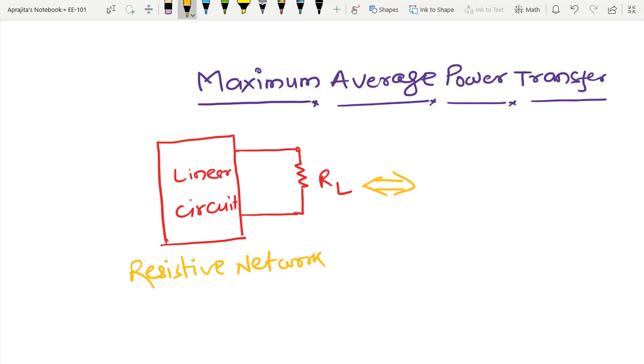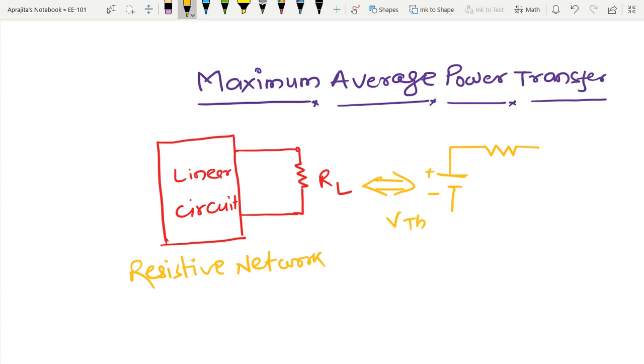So basically I have here the Thevenin's equivalent, with plus and minus, and this is VTH. In Thevenin's equivalent we are converting one part of the circuit into a practical voltage source.